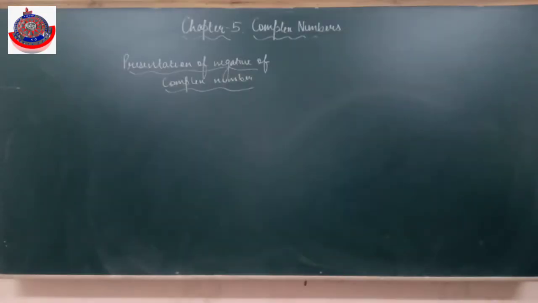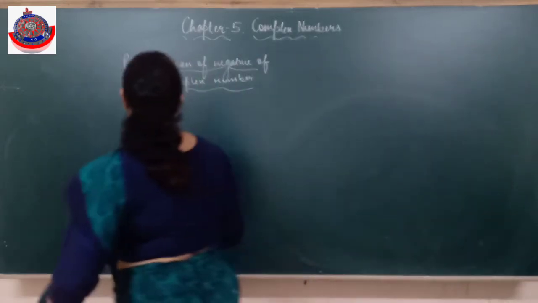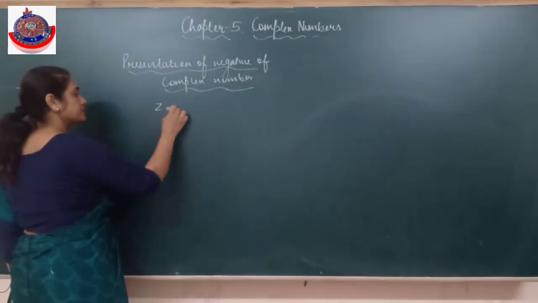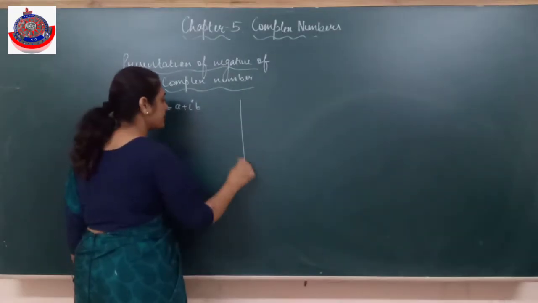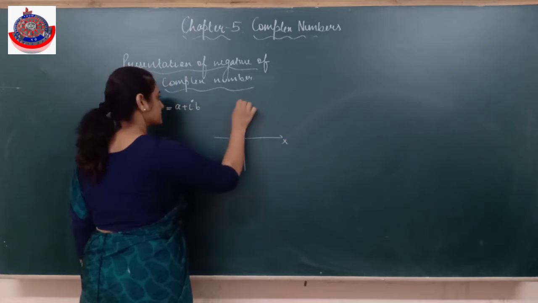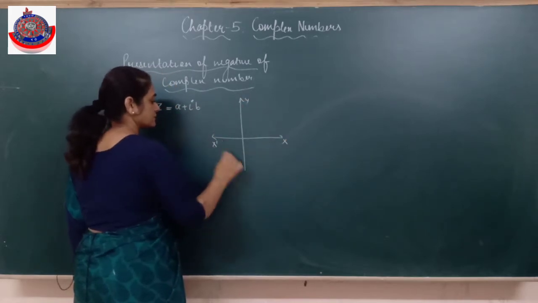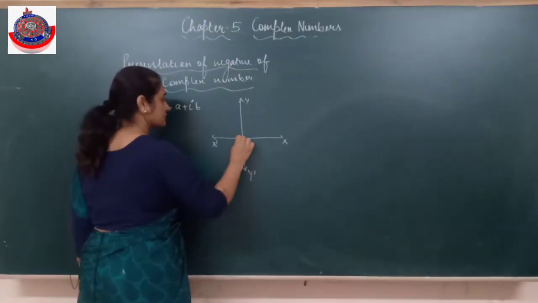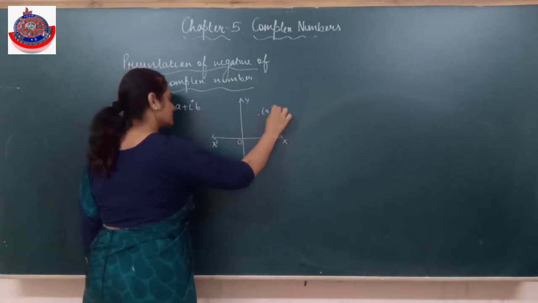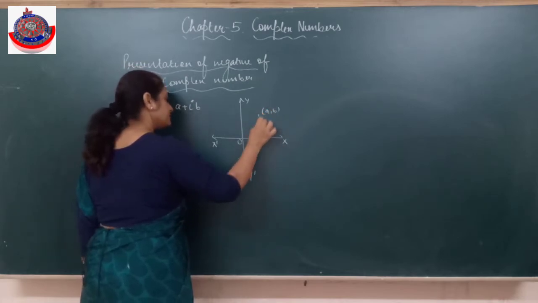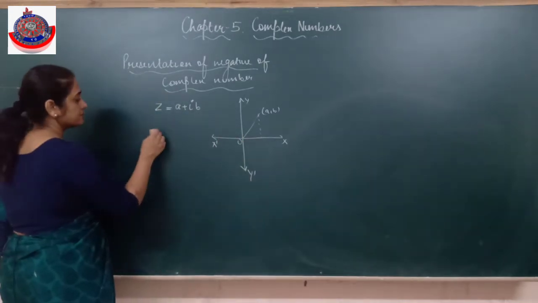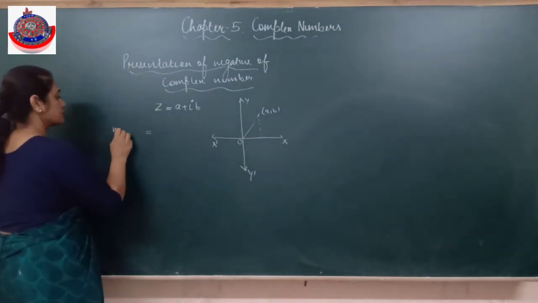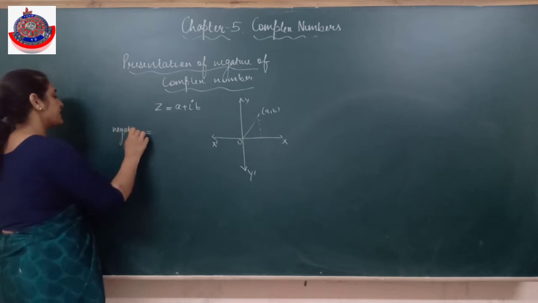Then the representation of the negative of a complex number. So if my complex number is z, we know it is represented by this point. Now the negative of a complex number means negative of z.